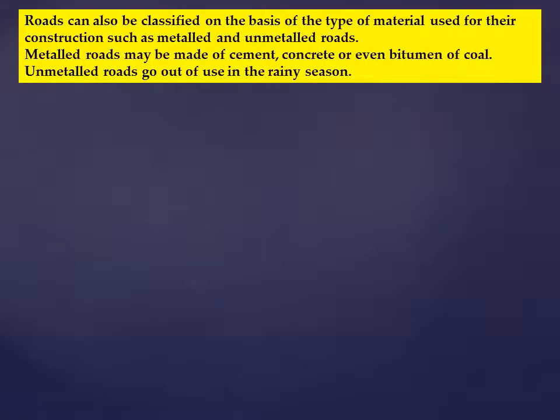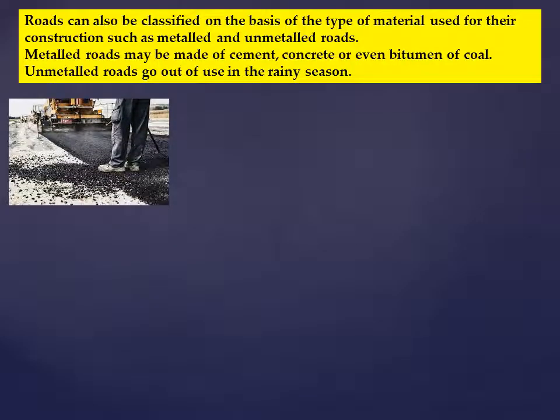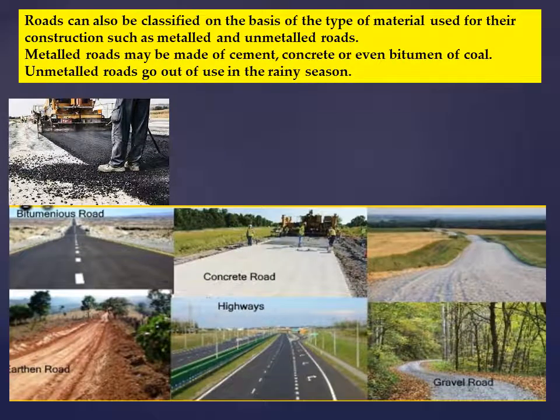Roads can be classified on the basis of the type of material used for their construction, such as metalled and unmetalled roads. Metalled roads may be made of cement, concrete, or even bitumen of coal. Unmetalled roads go out of use in the rainy season because they are made of mud.